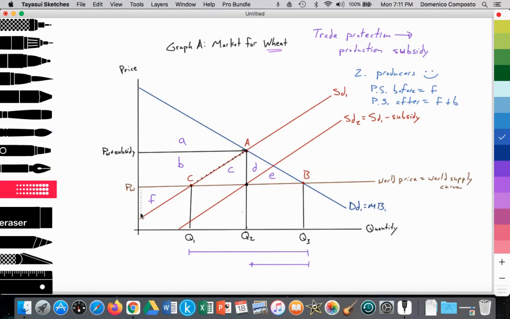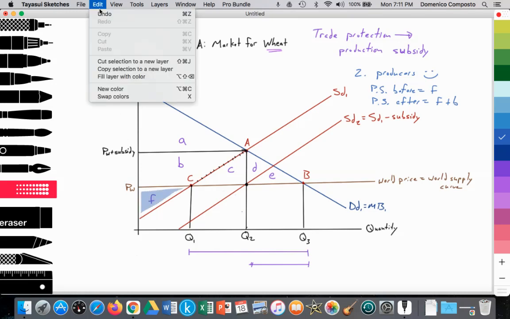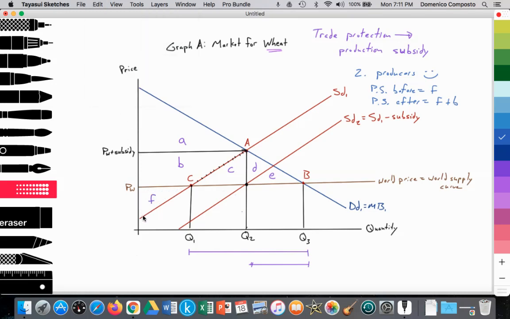Originally, it was just this triangular area, but then it increases along their supply curve. Remember, they're increasing output, and thus they have this level of producer surplus. So producers are definitely better off.